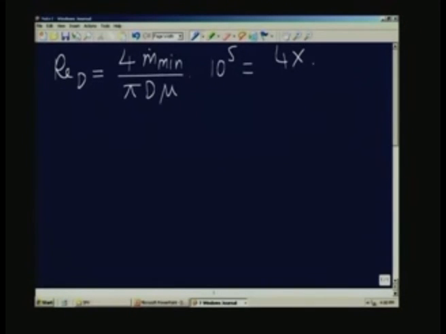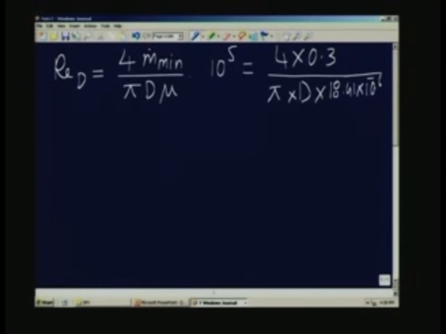If you remember, Reynolds number based on the diameter is given by 4 m dot minimum by pi D mu. So 10 to the power of 5 equals 4 into m dot, which is 0.3 kg per second, divided by pi into D, which we do not know, that is what we have to determine, and mu is 18.41 into 10 to the power of minus 6.